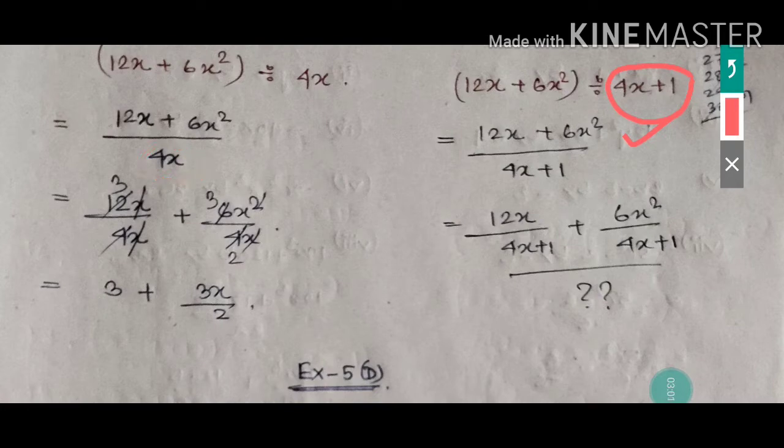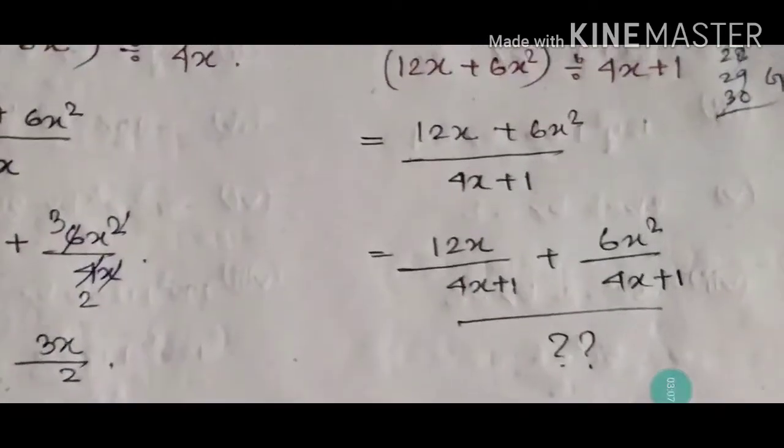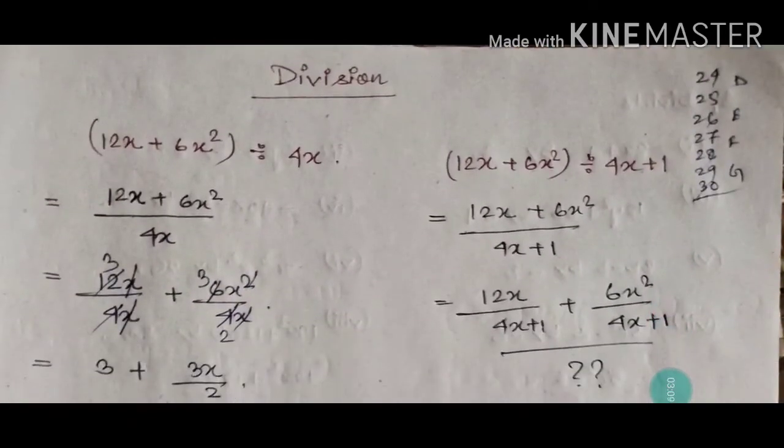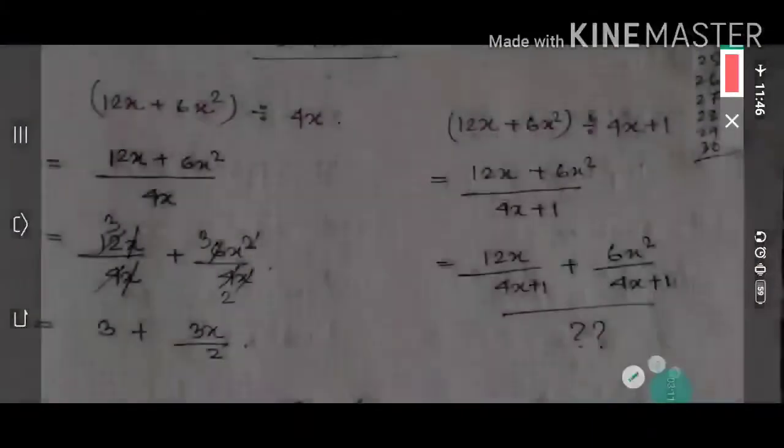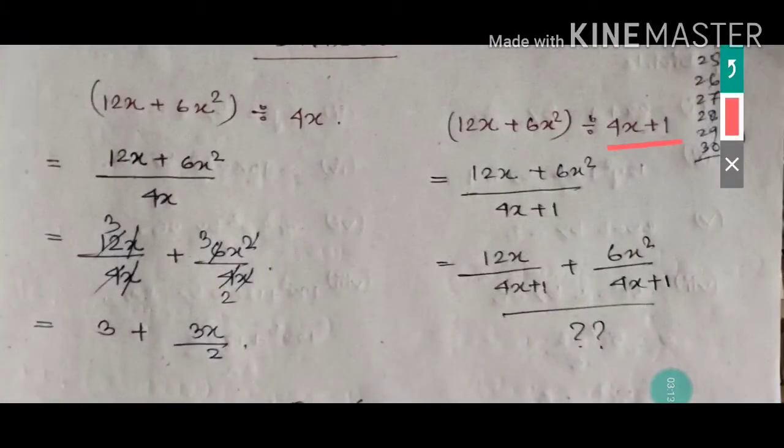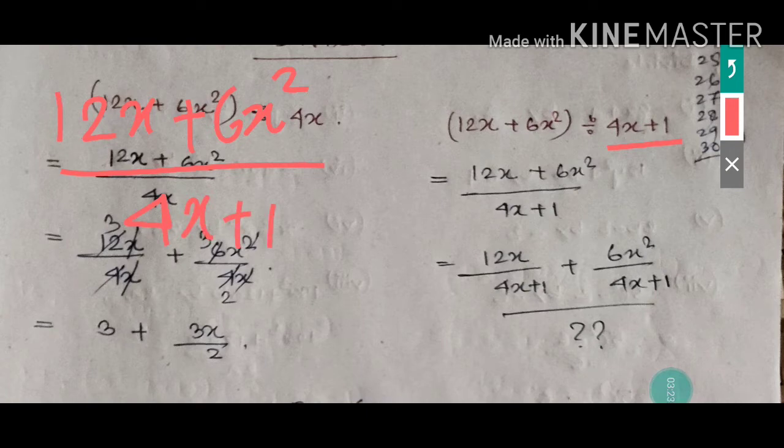Now in this case, if a binomial is given, 4x plus 1, how will you do this? First of all I will write the question: 12x plus 6x square divided by 4x plus 1. Now can I write each term over this denominator like the previous problem?